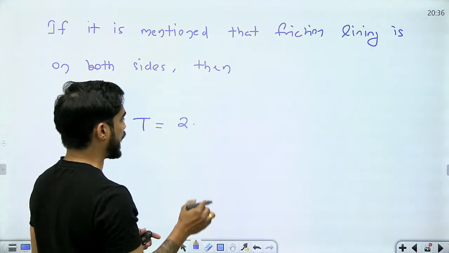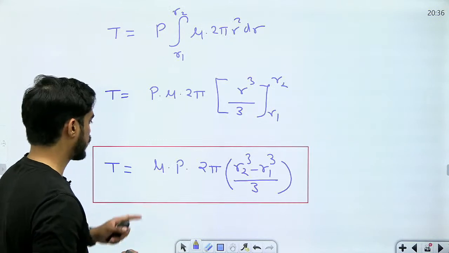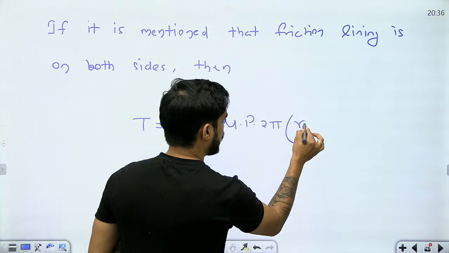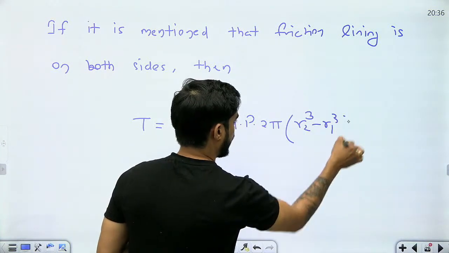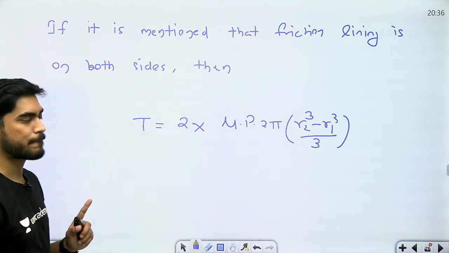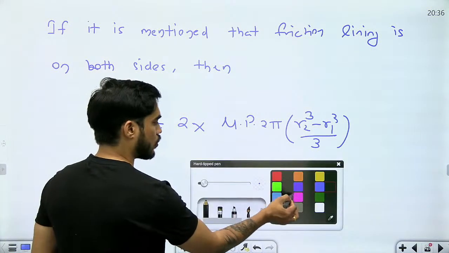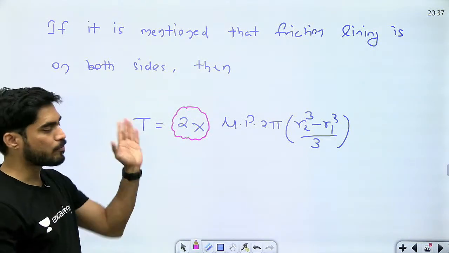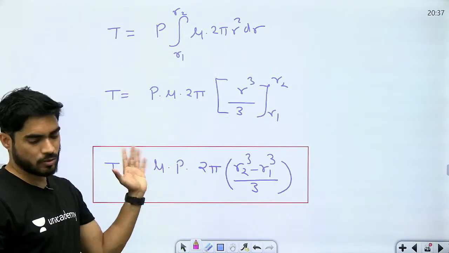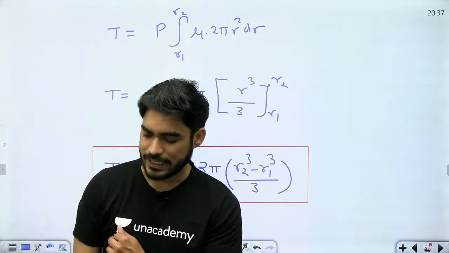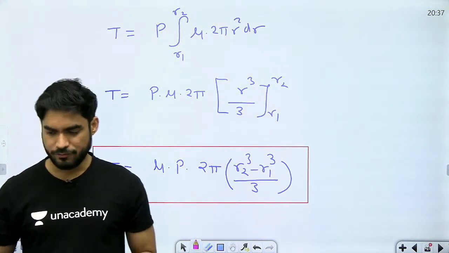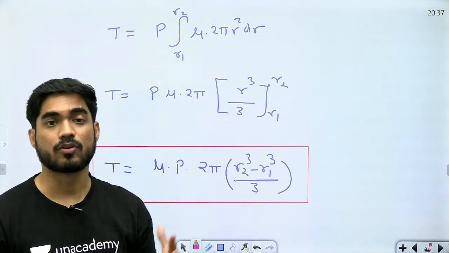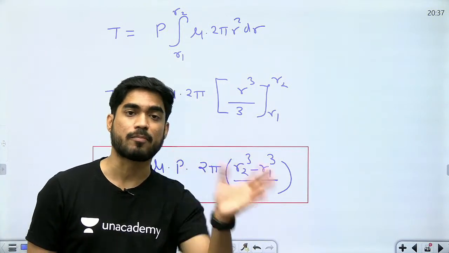So it will become 2 times mu into P into 2 pi into R2 cube minus R1 cube by 3. Okay, so that's all you need to do. If the friction lining is transferring the torque from both sides, then just multiply this equation by 2. That will be mentioned in the question, don't worry about it. If you need to multiply by 2, it will be mentioned in the question that the friction lining is on both sides or torque transfer is taking place from both sides.